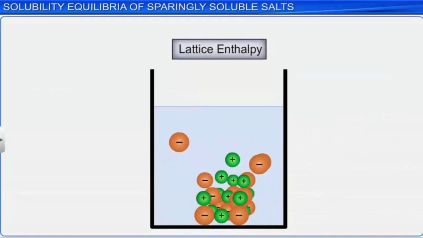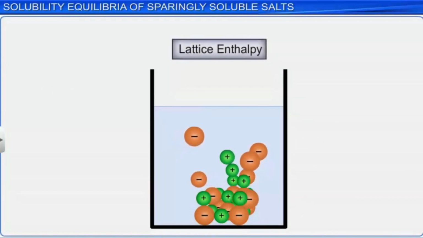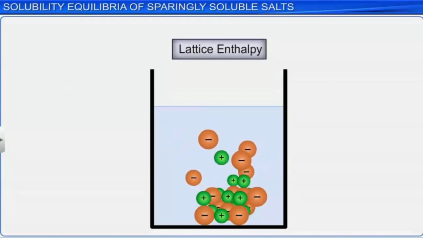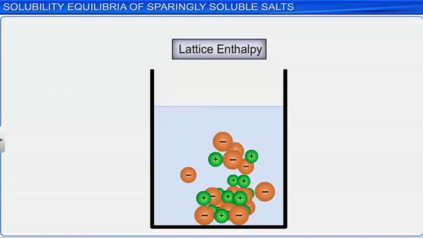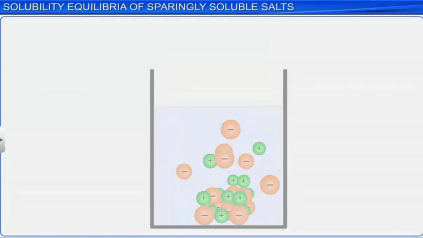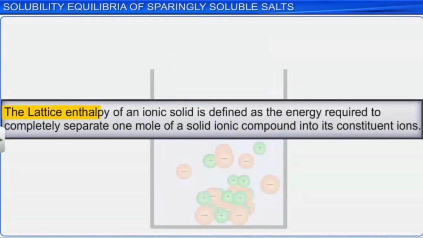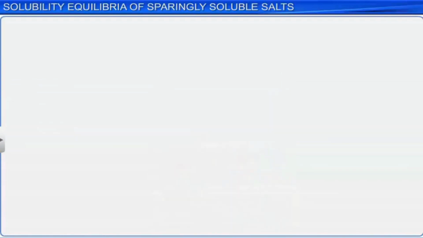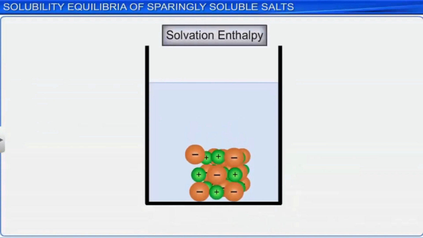Let us once again recap the definition of lattice enthalpy that we have already learned. The lattice enthalpy of an ionic solid is defined as the energy required to completely separate 1 mole of a solid ionic compound into its constituent ions. When such an ionic solid is dissolved in a solvent, a certain amount of energy is released.